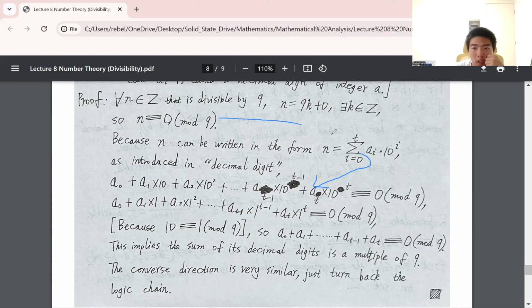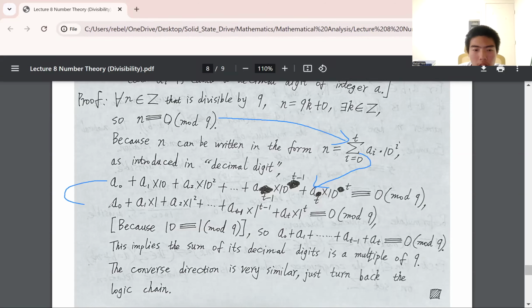And because of this, we can say this long number and n are congruent modulo 9. And because 10 is congruent to 1 modulo 9, since 10 minus 1 is 9, which is divisible by 9, we can always simplify all of the 10s into 1.